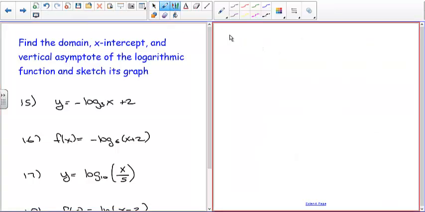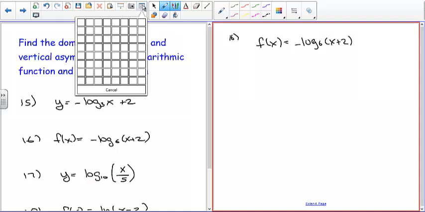Okay, 16. So here we got f of x equals negative log base 6 of x plus 2. So let's do the same thing. We're going to make it about this big.